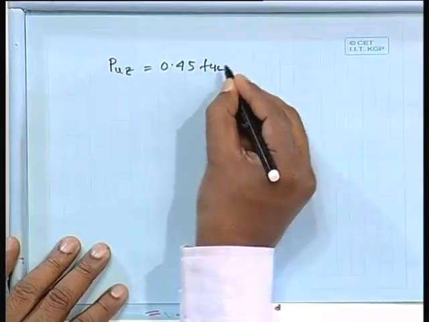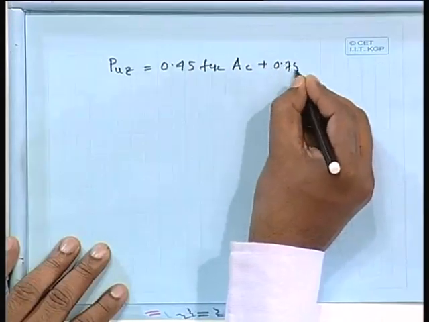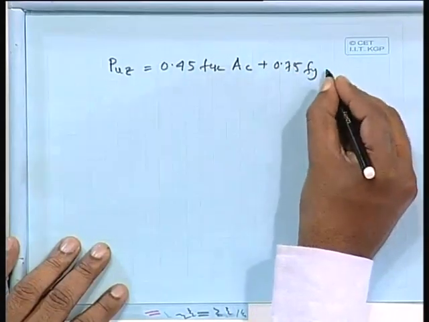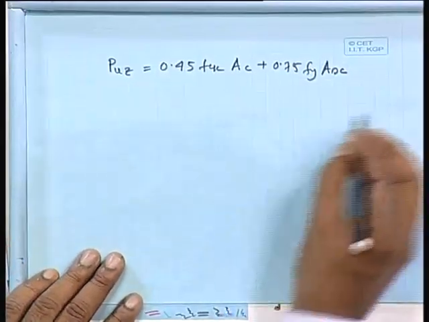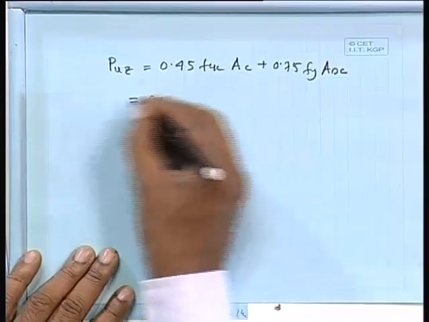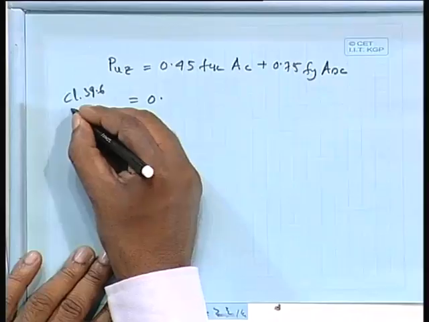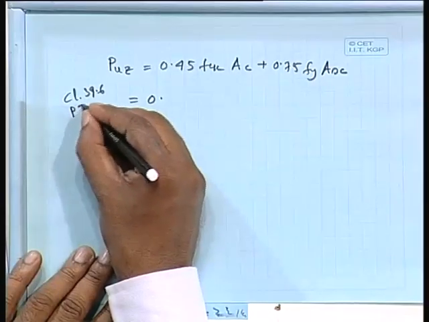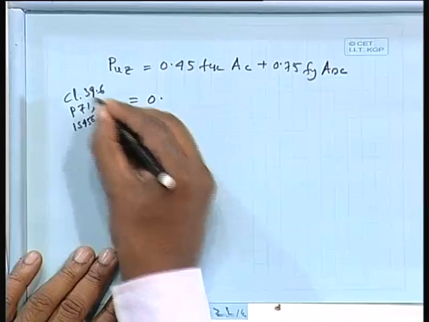0.45 FCK AC plus 0.75 FY ASC, this one you will get again, clause 39.6 page 71 IS 456 2000.